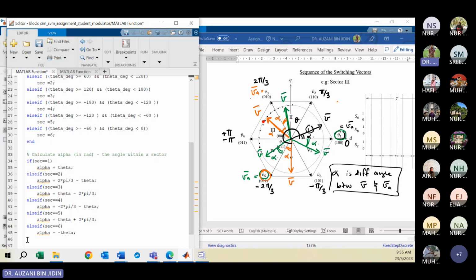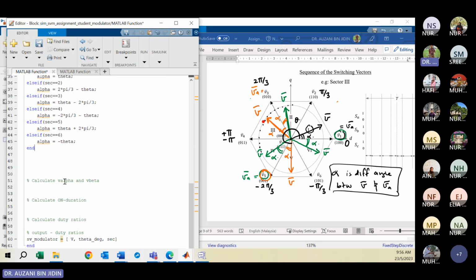Make sure you write this function for the calculation of alpha. Okay, finish until this stage, the calculation for alpha.